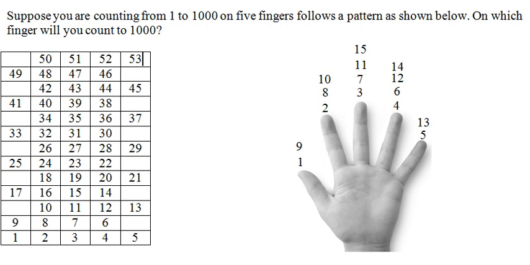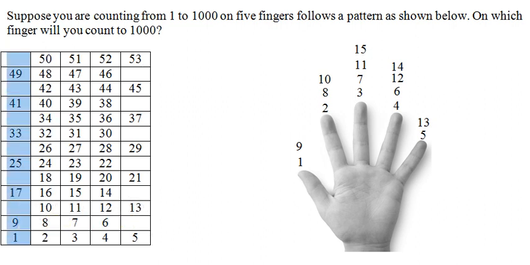Okay, now we have quite a lot of numbers, and now let's think about the answer. The question is, on which finger will you count to 1000? So let's examine each finger one by one. Let's look at the first finger, starting with 1.